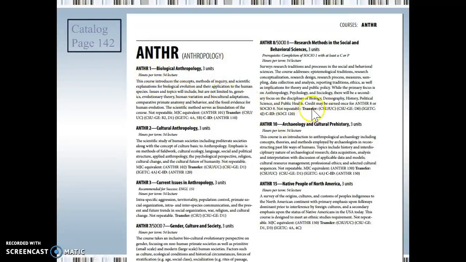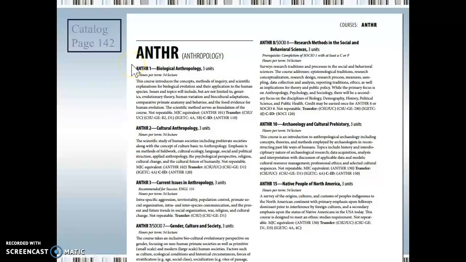So for speech, you'd look into speech. I just have this picture of anthropology here, which gives you the short name, Anthro 1, what it's actually called, how many units it is, if there's a prerequisite or not, like for example, this Anthro 8 has a prerequisite of Soc 1 with at least a C or better, or if there's a recommended for success, such as in this one, they recommend that you have already completed or surpassed English 151, basically telling you that college level writing is going to be expected in that class, and you will suffer in that class without those skills.